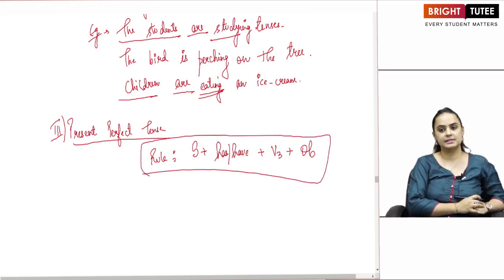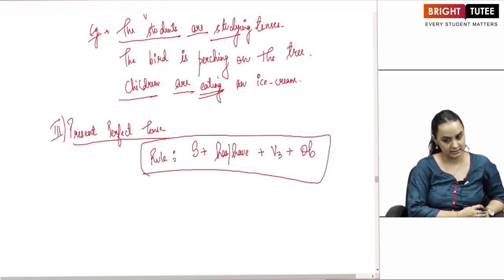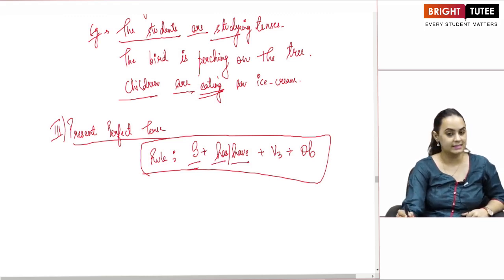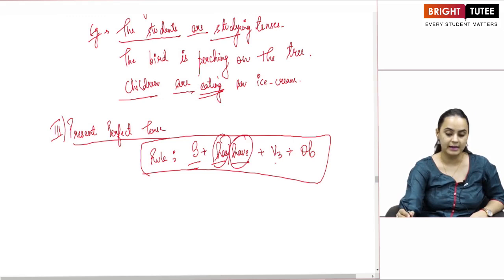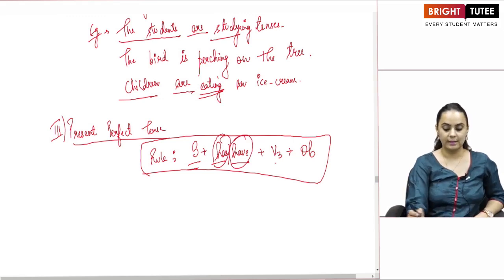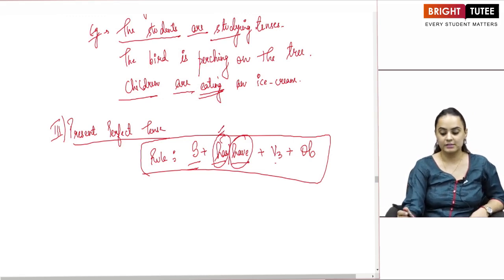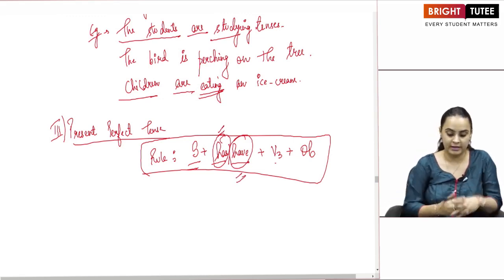Now this is the rule of making a present perfect tense. We use the subject first followed by has or have, then verb's third form and the object. Now how to decide what will come, has or have? If your subject is singular, we will use has, and if your subject is plural, we use have.